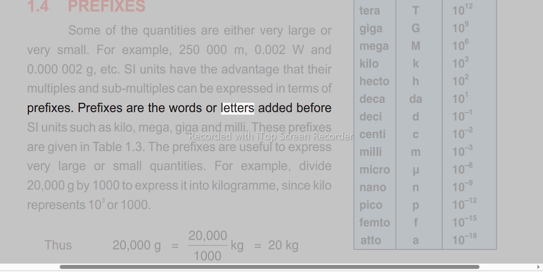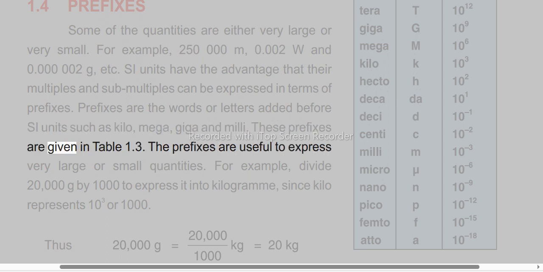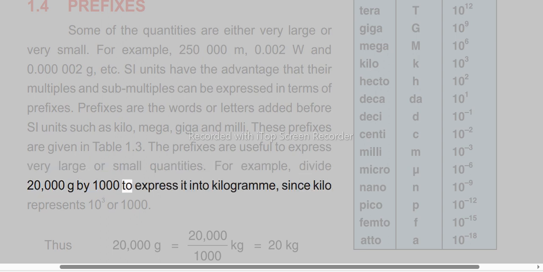Prefixes are the words or letters added before SI units such as kilo, mega, giga and milli. These prefixes are given in Table 1.3. The prefixes are useful to express very large or small quantities. For example, divide 20,000 g by 1,000 to express it in kilograms, since kilo represents 10 cubed or 1,000.